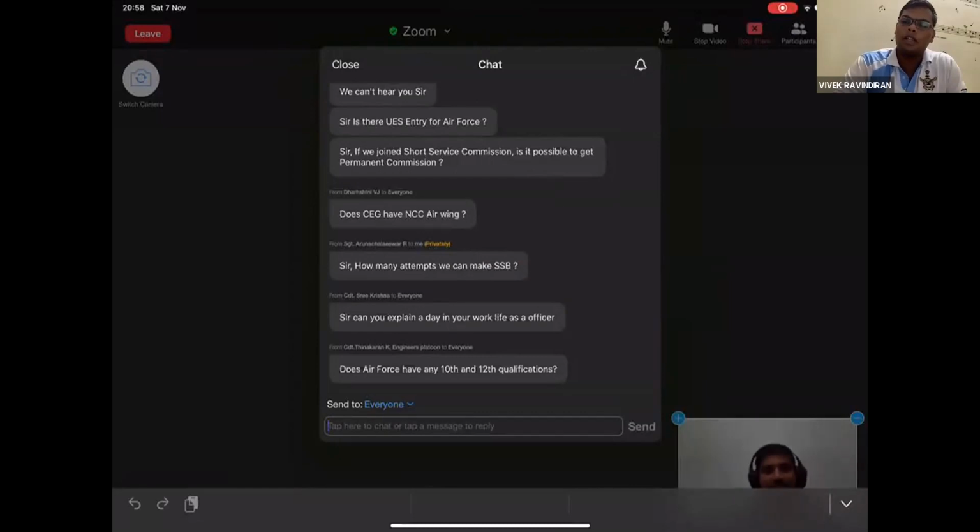The minimum requirement is 12th if you want to join as an officer. As explained, after 12th you can apply for NDA, the National Defence Academy. The selection process is the same: you have to clear the written exam, followed by SSB and medicals. The difference is that instead of 6 months of military training, you'll be given 3 years of military training.